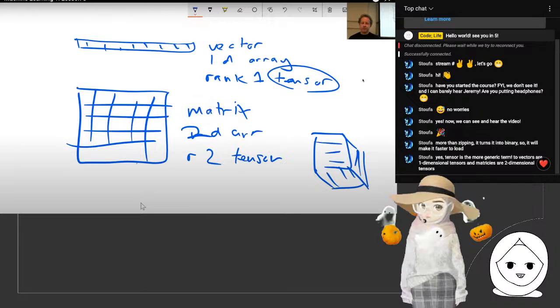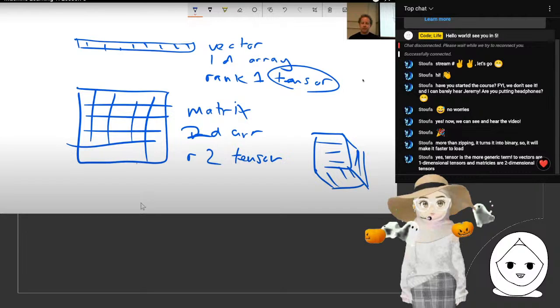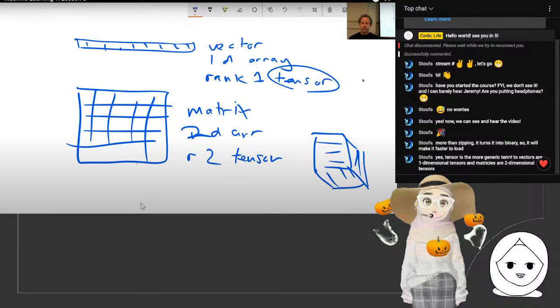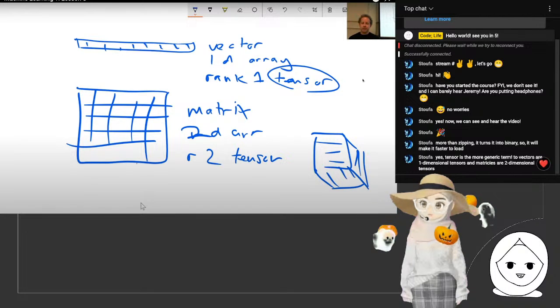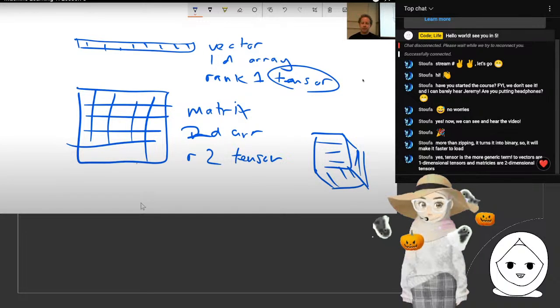Tensor is a more generic term than vector. One-dimensional tensors are vectors, and matrices are two-dimensional tensors. Yes, that's in a way basic computer science. Vectors and matrices, which I'm not saying I'm good at, but I've studied them.